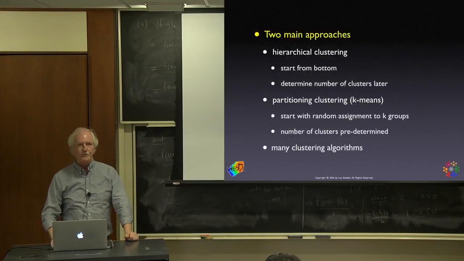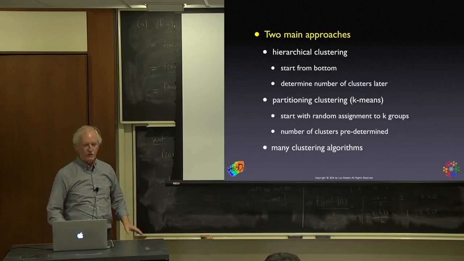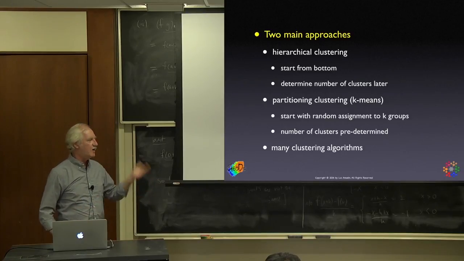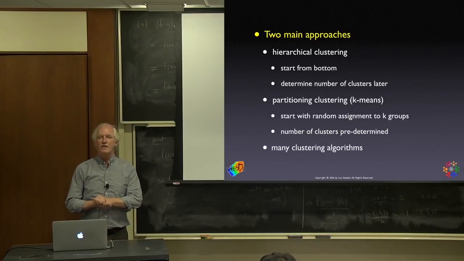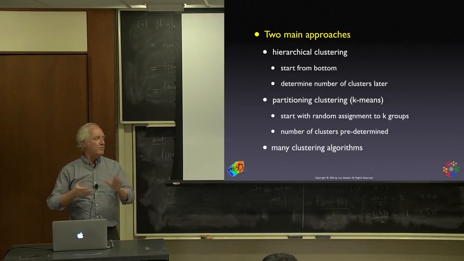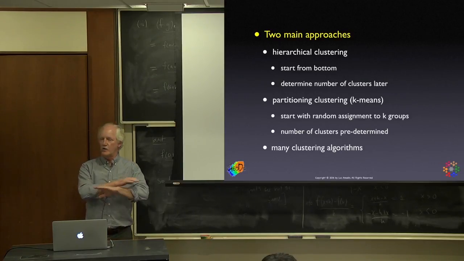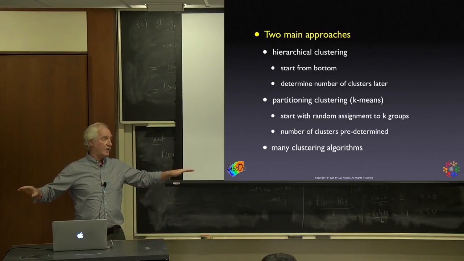So just to simplify a huge literature, I tend to do this two ways of going at it, from the top or from the bottom, right? So hierarchical clustering, as it's called, starts from the bottom, and I'll illustrate in a second. Basically, you start with all n observations as their own cluster, literally.